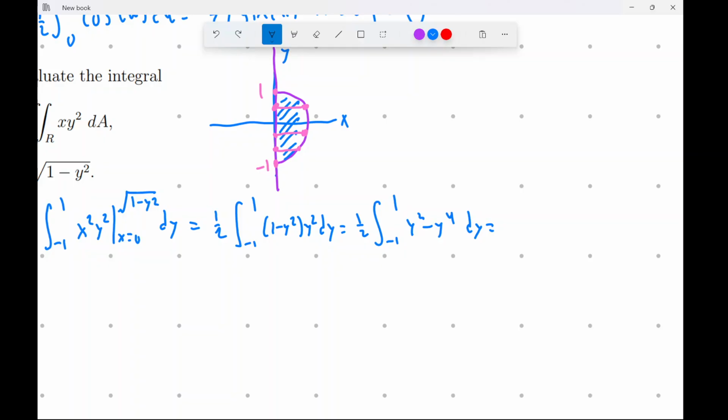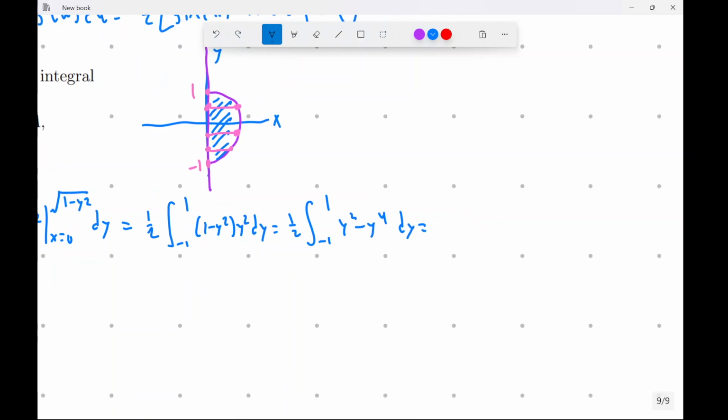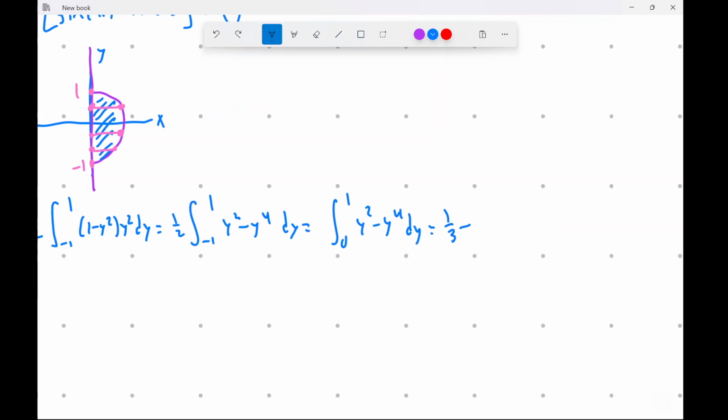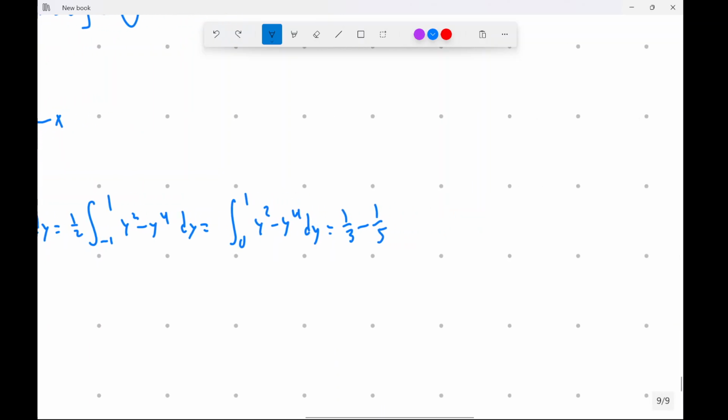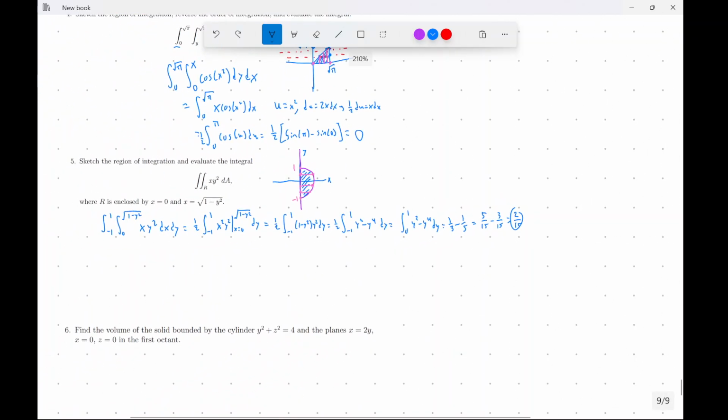I'm going to use the fact that that integrand is even to multiply by a factor of 2. And then this is equal to 1/3 minus 1/5, which I'm just doing in my head because I think you guys can do that part, which is what, 2/15, I think? No. Let me write that. That's 5/15 minus 3/15. Yeah, 2/15. Okay, that's my final answer.